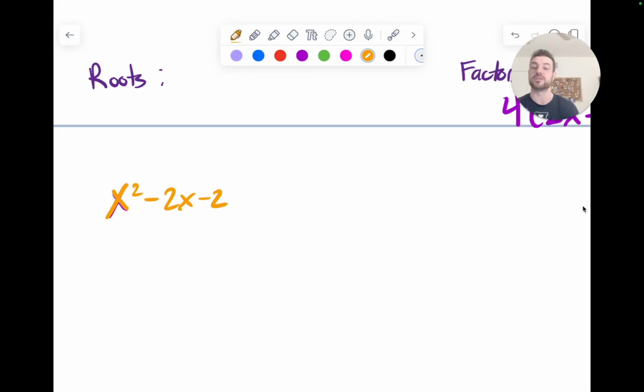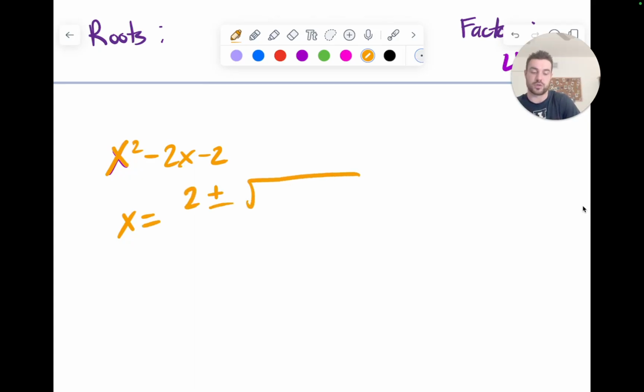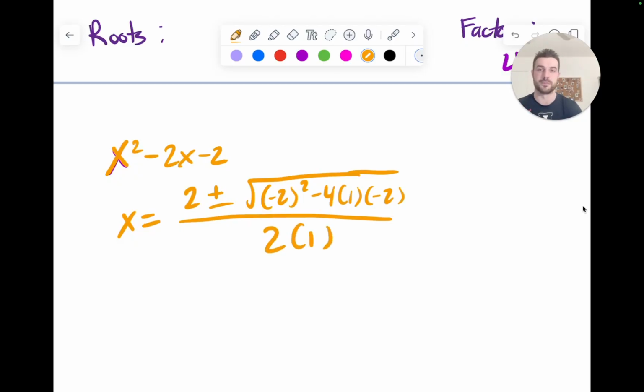I can use inverse operations, that means taking the square root, or I could use quadratic formula. Because I'm in standard form, I'm going to use quadratic formula. So x will equal the opposite of b plus or minus the square root of b squared minus 4 times a times c all over 2 times a.